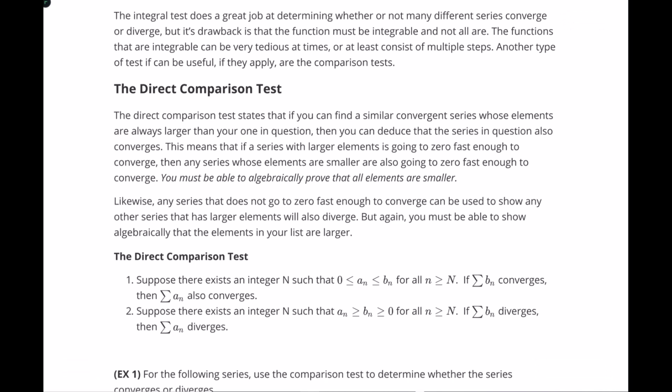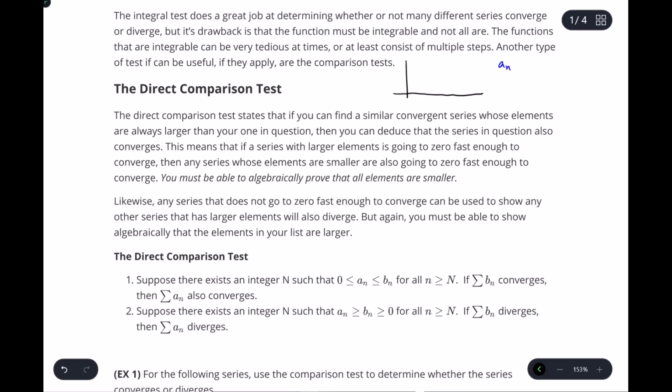So for instance, it maybe looks like this. We have, say, a sub n, which is a known series. And we create it with a P series or a geometric series, one of those two generally. And let's say it converges.